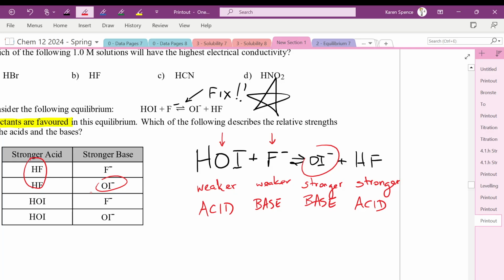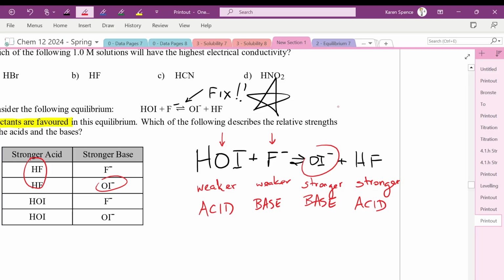Yes? Then you cannot solve this problem because you don't have enough information. I could give you a KEQ value, which would also tell you whether reactants or products were favored.